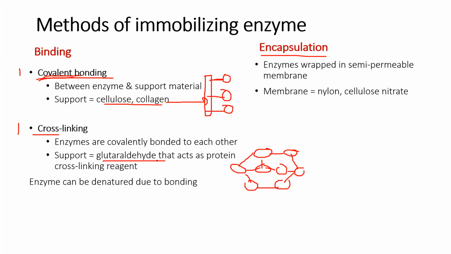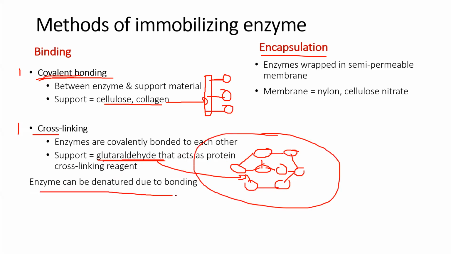The substance that links the enzymes together is glutaraldehyde, the protein cross-linking reagent. Okay, so for this type of method, the enzyme can be denatured due to bonding. Sebab dia melibatkan ikatan kan. So this type of method can denature the enzyme.